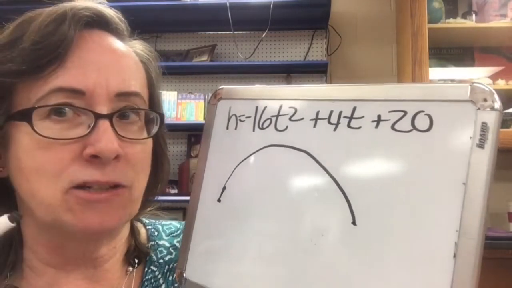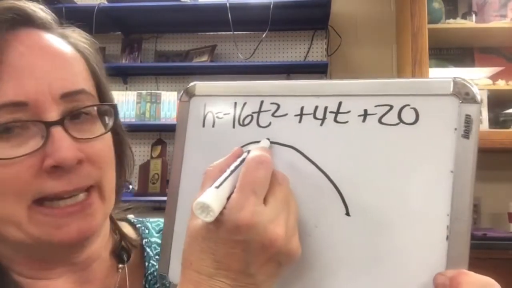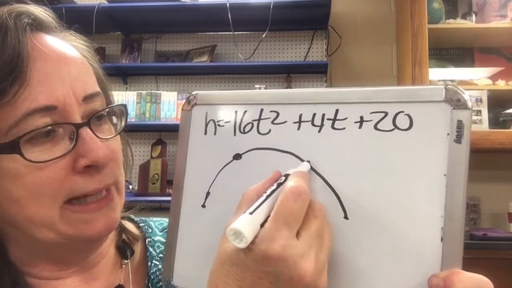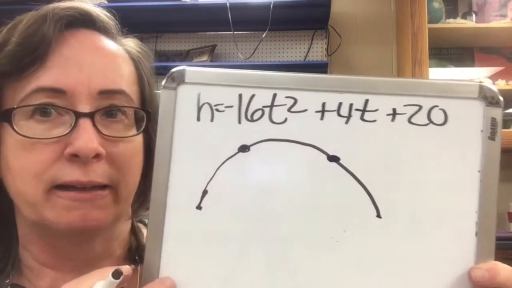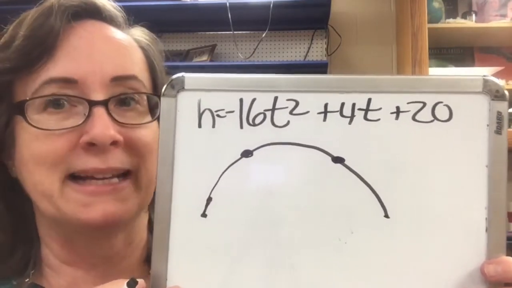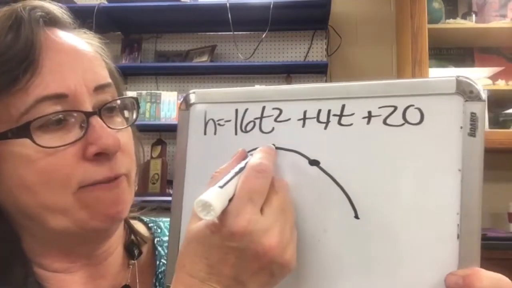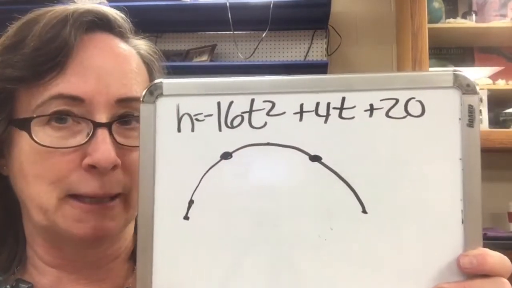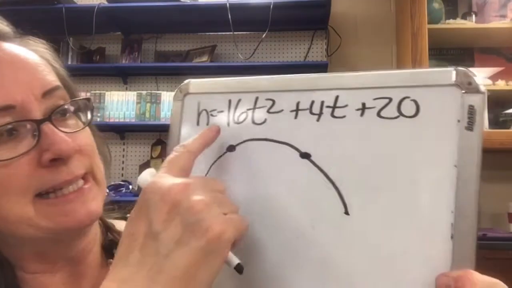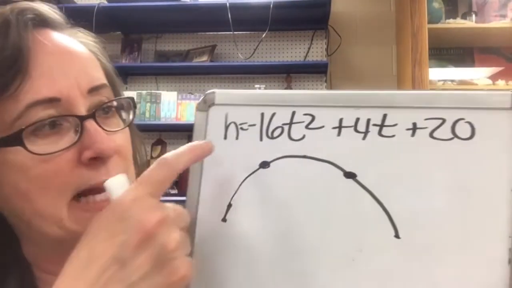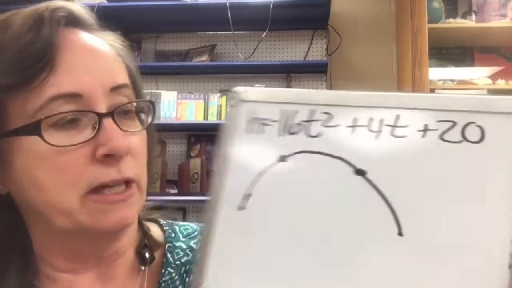If 8 feet is not the highest spot right here, then maybe that's 8 feet, and then wouldn't it hit 8 feet again? So there are 2 places that it could be 8 feet, unless 8 feet is the very top of my parabola. But this negative 16t squared is a parabola upside down anytime that first term is negative.